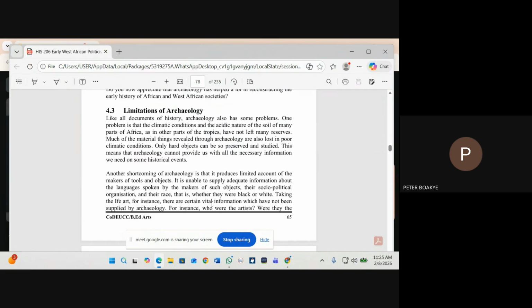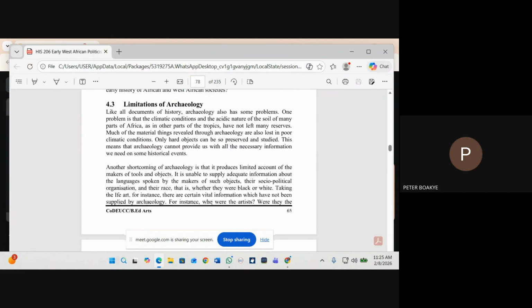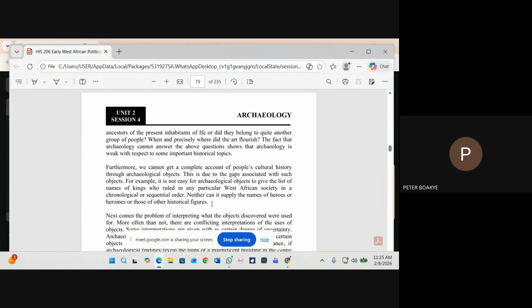It's difficult for them to do that. Because the objects they come across cannot narrate their own stories, they base their interpretations and conclusions on their personal training.